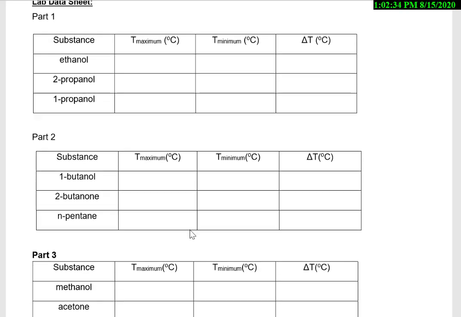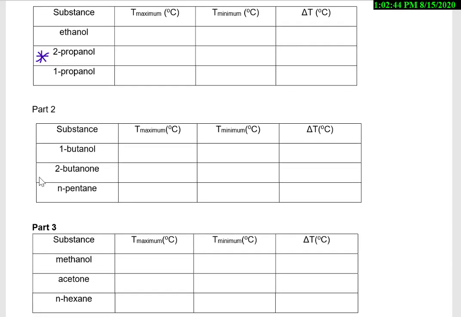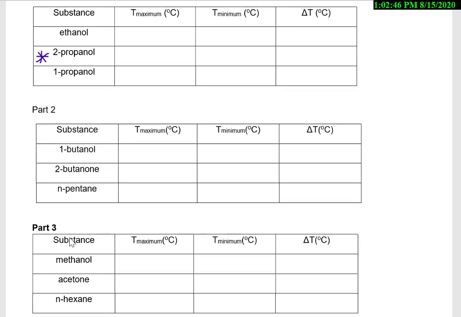Here's your data sheet. So in the video, a few have been demoed. So 2-propanol was demoed in the video, and then methanol and acetone. So you'll have graphs that you'll be reading, and you'll get the maximum temperature and the minimum temperature. And using those two, you'll calculate the change in temp.